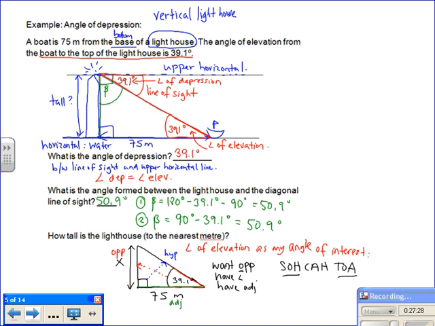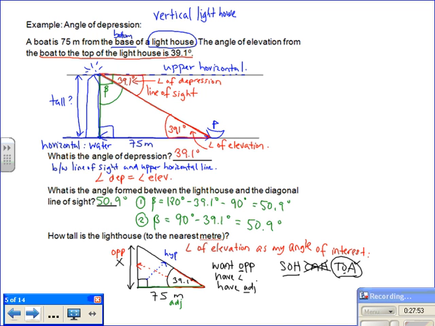I'm not going to be using cosine here because it's not going to give me the opposite side, which is what I need. The second thing I have to do is decide whether I'm going to use sine or tan. Well, I have the adjacent, so I have A, which means that I'm going to use the tan because I have A and I want the opposite.